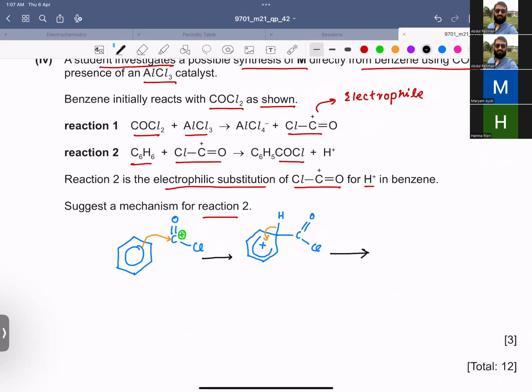And what will happen then? As this pair of electrons is transferred inside the benzene ring, the pi system is again stabilized, and we have a COCl bonded to a benzene ring, and H+ is released.